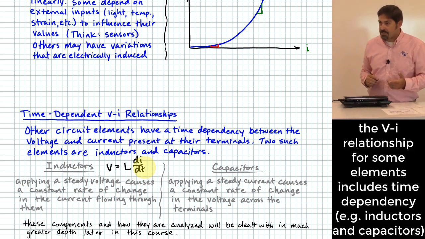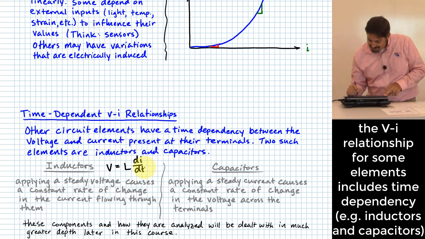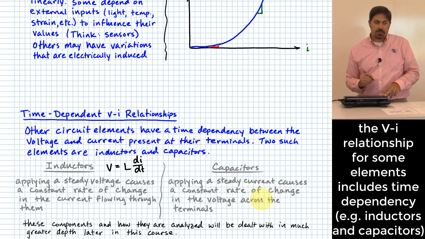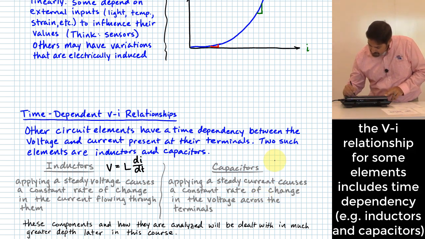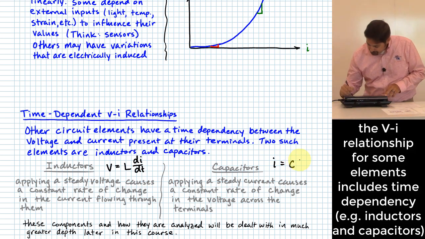For capacitors, it's kind of similar, but works just a little bit differently. It says applying a steady current causes a constant rate of change in the voltage across the terminals. If I was going to write that with math, it would basically say that the current flowing in a capacitor is going to be equal to the capacitance value C multiplied by dV dt.